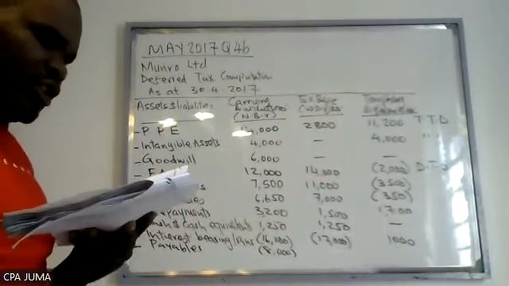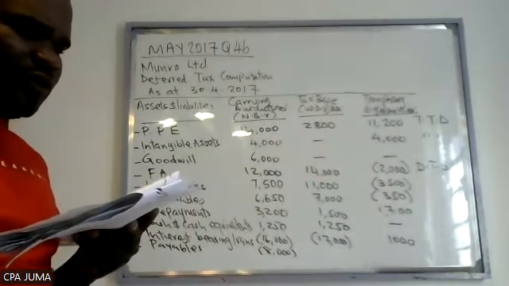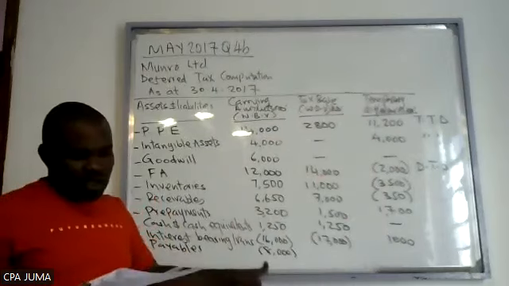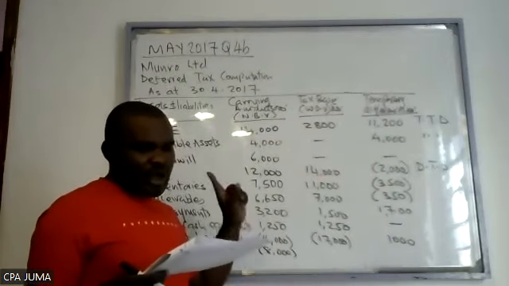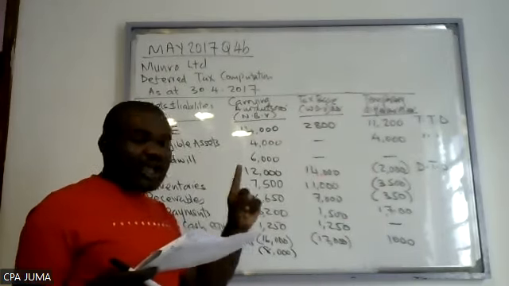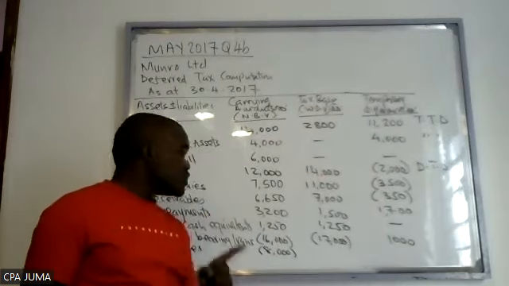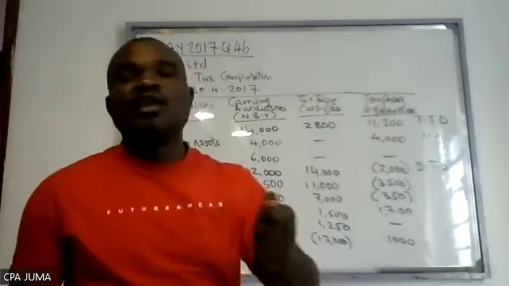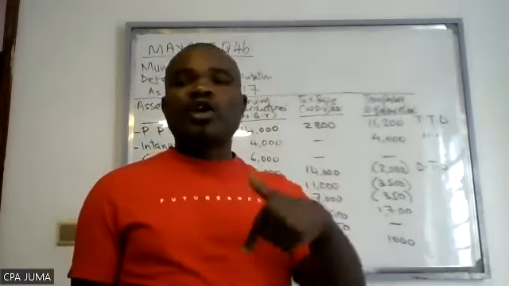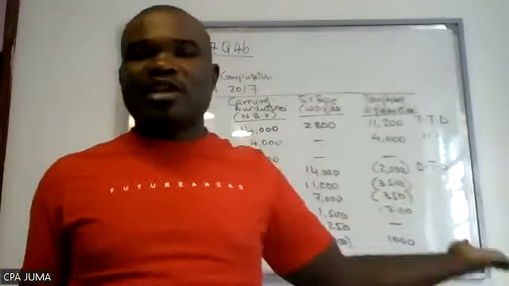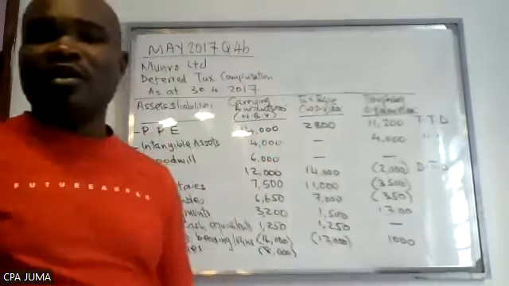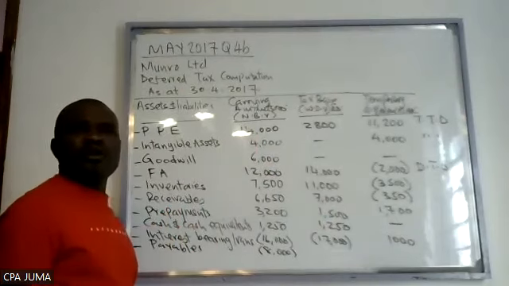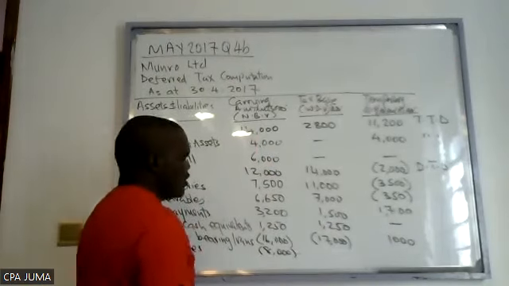Trade and other payables include provision for leave allowance of 1.4, which is tax deductible on cash basis. Cash basis means when paid. But as we talk right now, the examiner has not said whether that amount has been paid. So there is nothing to deduct. You subtract 8 minus 1.4, that is 6.6.